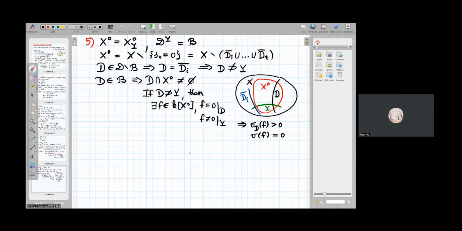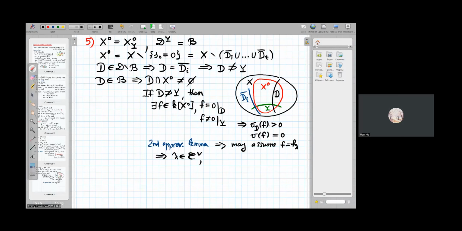Now, by the second approximation lemma, which we always use, we may assume that this function is B semi-invariant, and corresponds to some eigenweight lambda, which means that lambda is in C check, because f is regular on X naught, and if it is at the same time semi-invariant, its eigenweight belongs to C check, as we know.